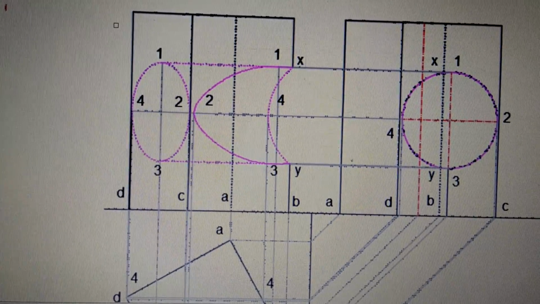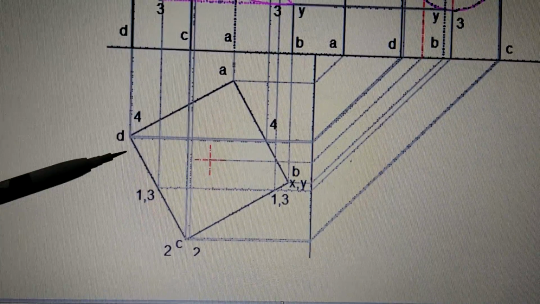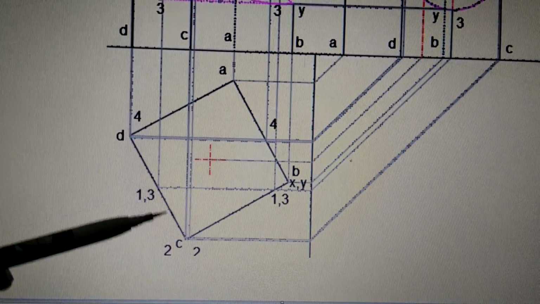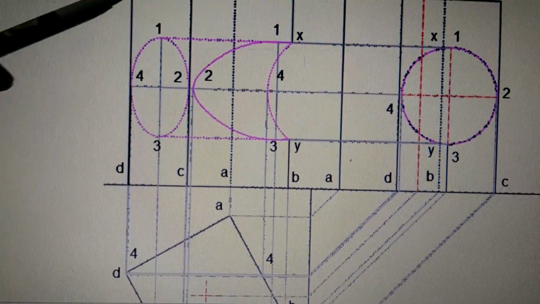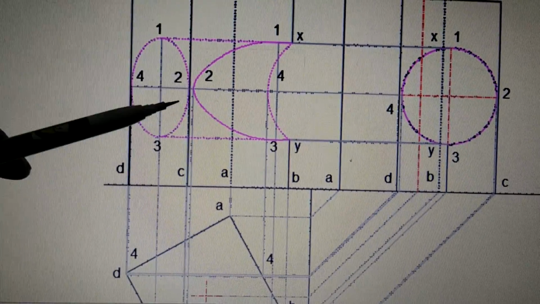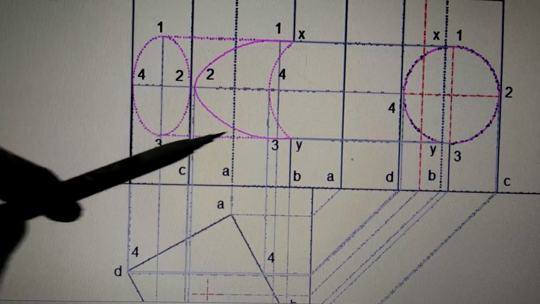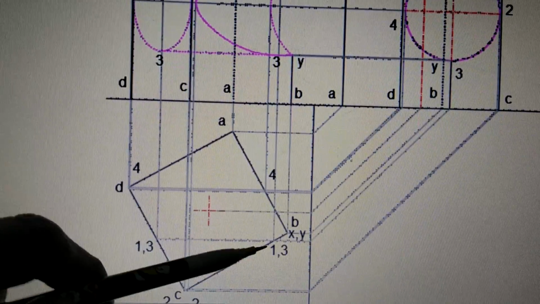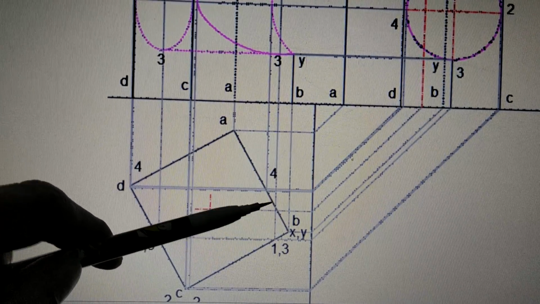On the other side, when it comes out, see all the 1, 2, 3, 4, all the points are on one surface. So the hole is coming out from this plane, and because this plane is inclined, the hole looks like an ellipse. So the hole comes out from here, and on this side where it is starting, the hole is from this end taking a turn at XY up to here.